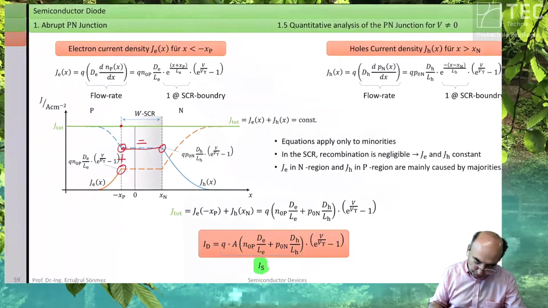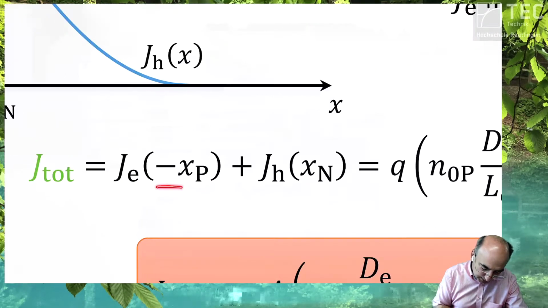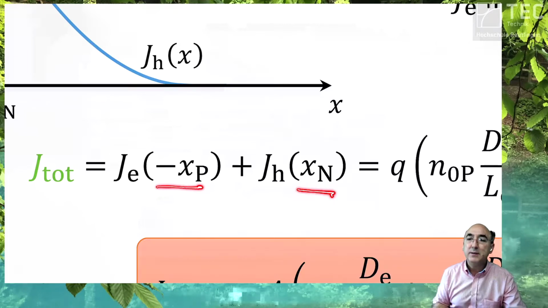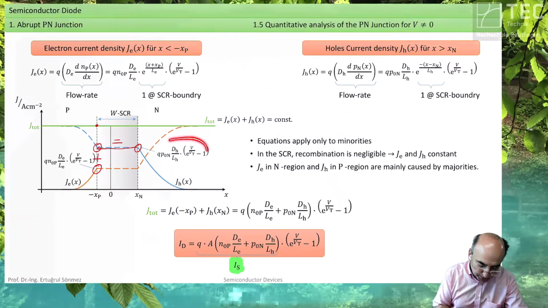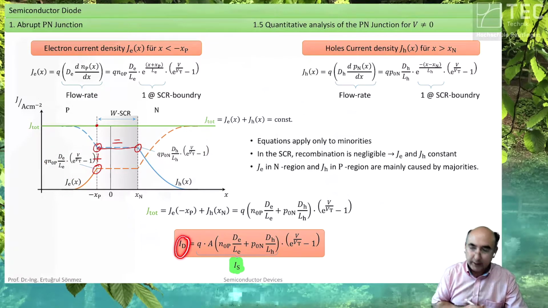So the total current is the sum of the current densities at these space charge region boundaries, which we can calculate using these equations. And the result was the diode current.